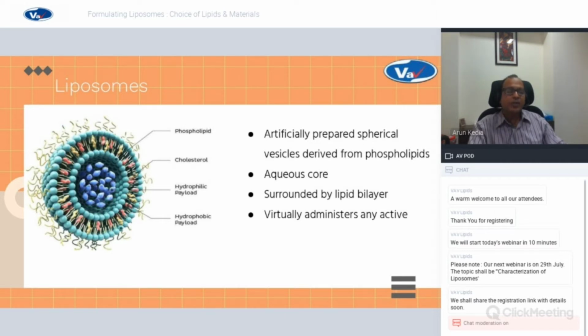They have an aqueous core, and they can virtually administer any active. And as you see from the picture, the hydrophilic payload sits in the center, and the lipid bilayer can accommodate the hydrophobic molecules.